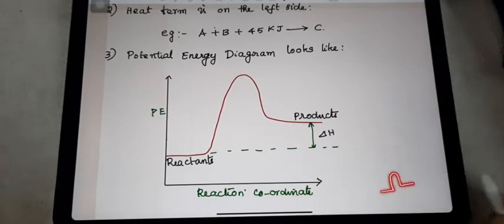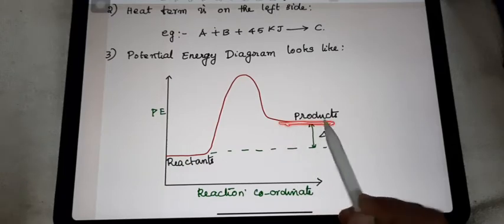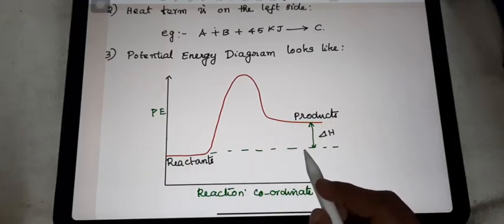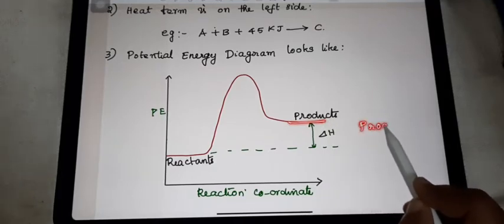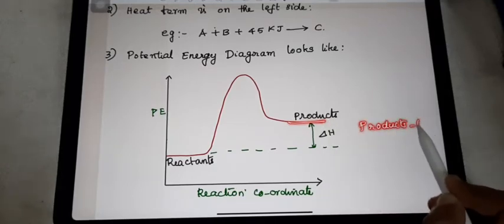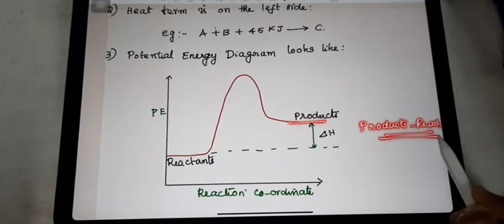But here we draw the reactant a little down and the product up. Why? Because we always take the enthalpy change of product minus reactants as the criterion for finding the delta H value, right?